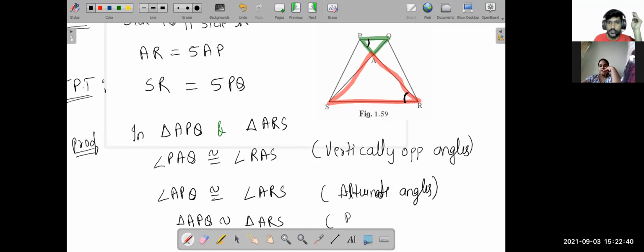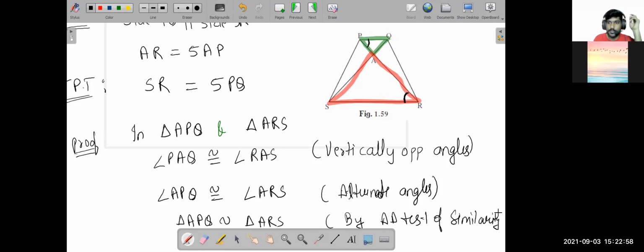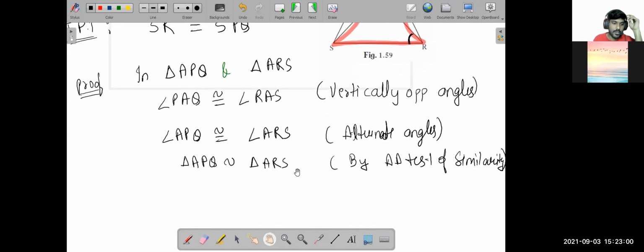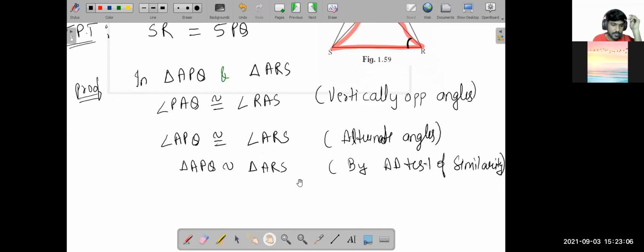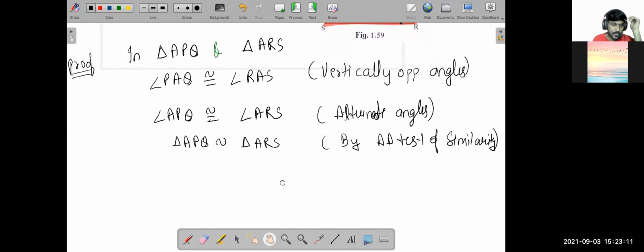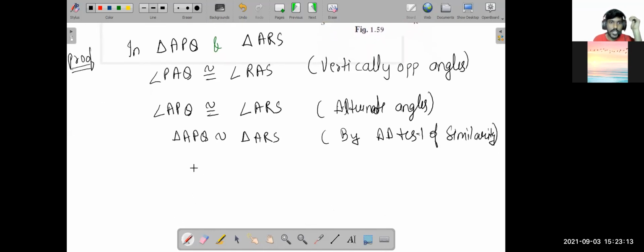Which test? Two angles we proved. Sorry, AA. Yes, AA test of similarity. By AA test of similarity, their sides will be in proportion.